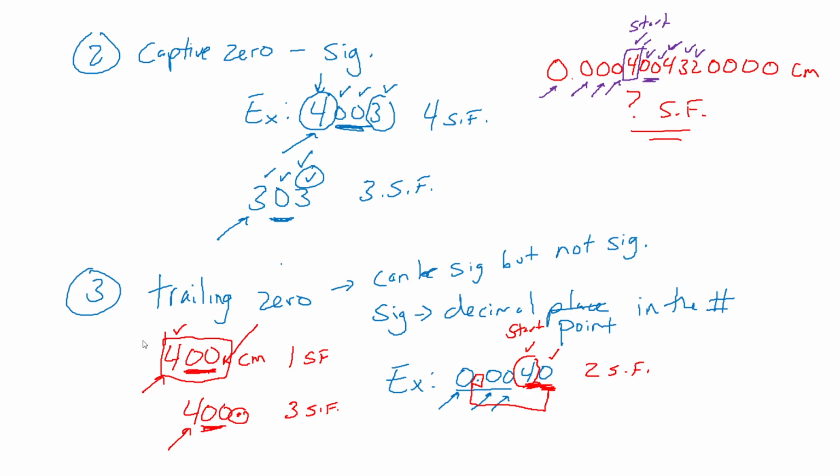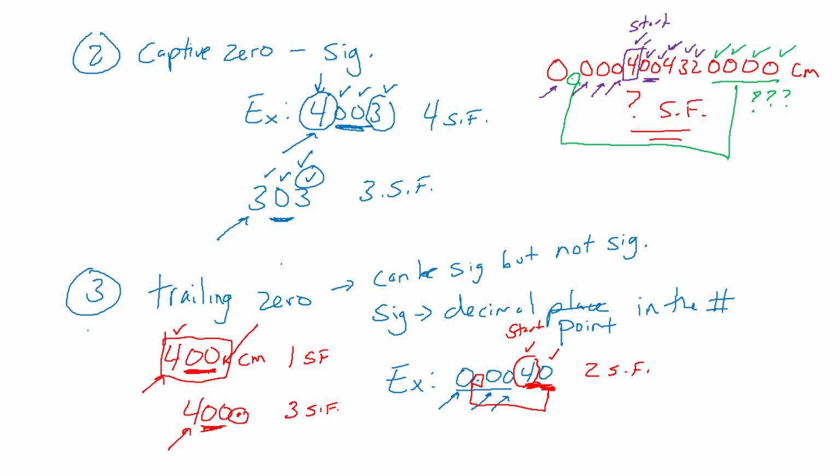Now what's left in this number is the zeros at the end. Are they significant? That is the question. And I hope you're nodding your head yes, because if we come all the way over here, there is a decimal point actually written, which would make these zeros significant.